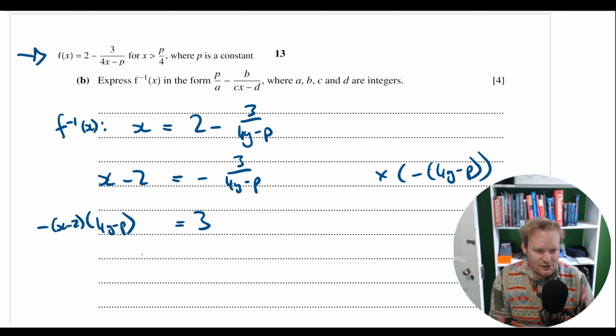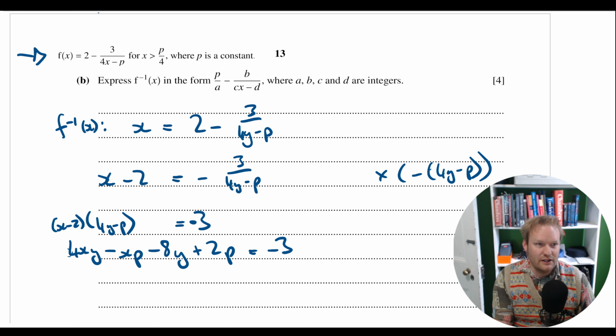Okay, so you multiply these things out, and eventually we should hopefully group all the y terms. I'm going step by step here. So I've got x times 4y is 4xy. I've got x times minus p is minus xp. I know that minus is over here, so I might change my mind; let's put the minus over there rather, to make our lives easier. So we've got 4xy, minus xp, then minus 8y, and then plus 2p equals minus 3, where all we're doing is distributing our binomial times a binomial.